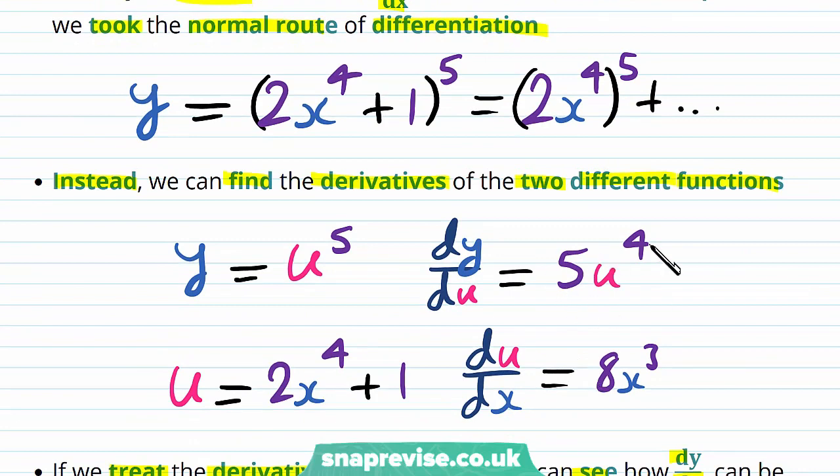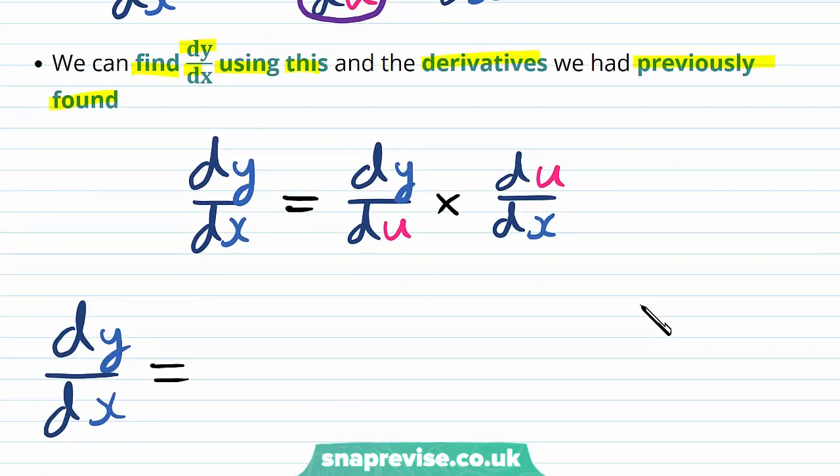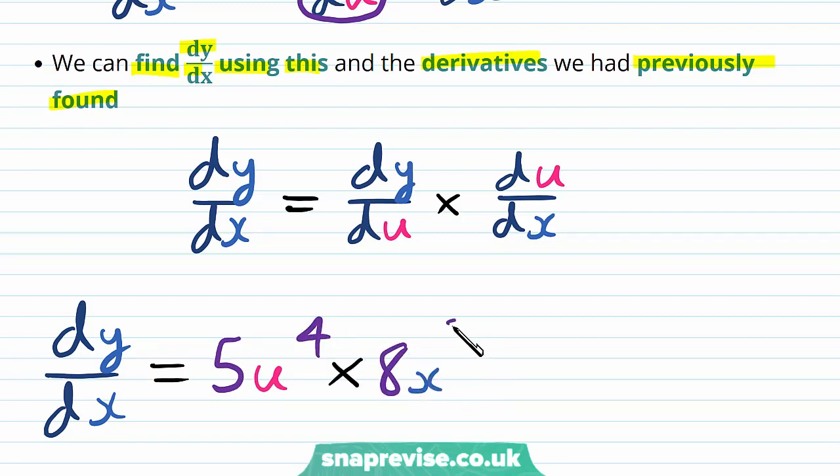Dy by du is 5u to the power of 4, and du by dx is 8x cubed. And so by multiplying these together, we get a 5u to the power of 4 multiplied by an 8x to the power of 3. By bringing the constants together, we get a 40, and then we have this x cubed, and then we have our u to the power of 4.